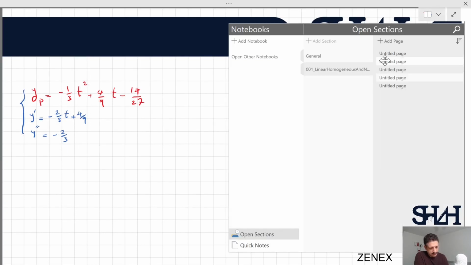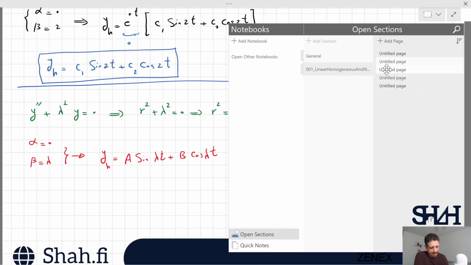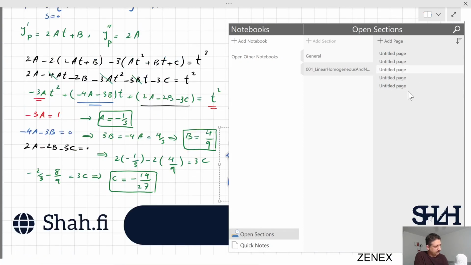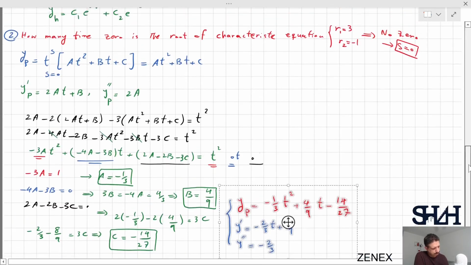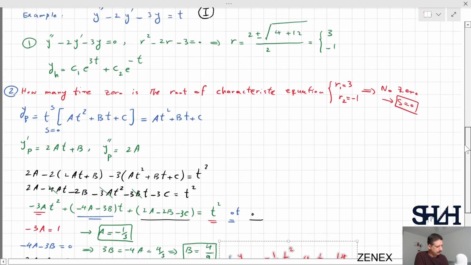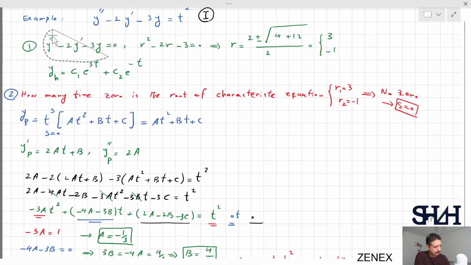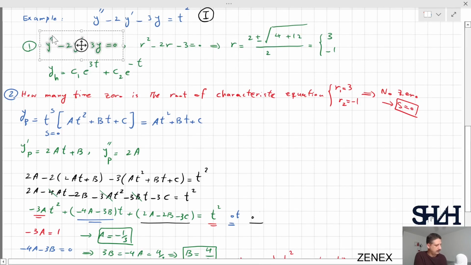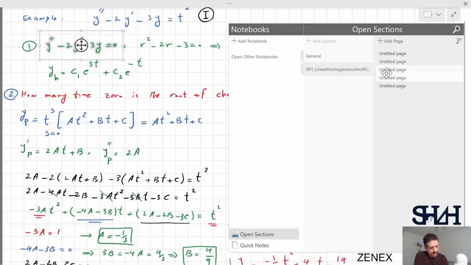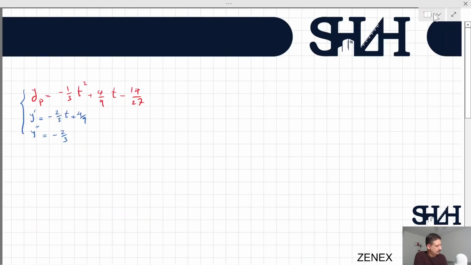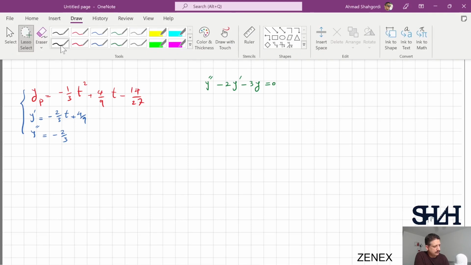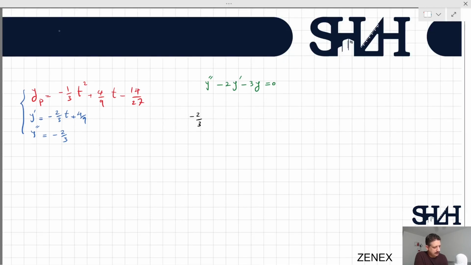And the equation was... I can bring it to the next page. Minus 2 over 3, minus 2 times minus 2/3 t plus 4/9.